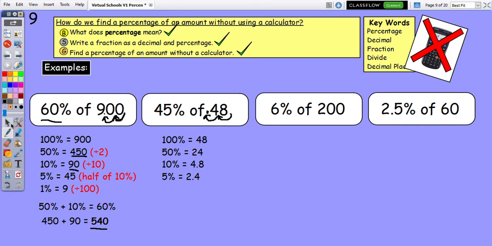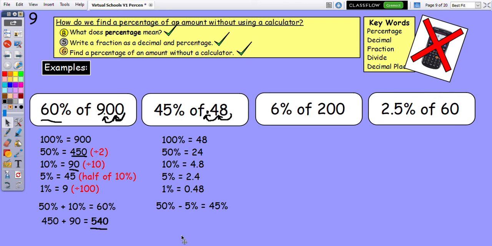Okay. So 1% is 0.48. Now, if we were thinking smart, I only need to find 10% and 5%, or 50% and 5%. I don't have to technically find 1%. I don't really need it, but it's always good practice to find them all.